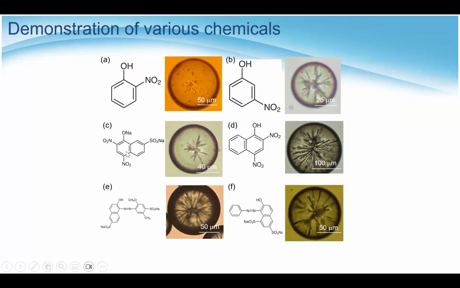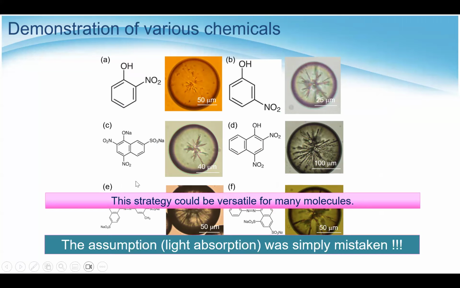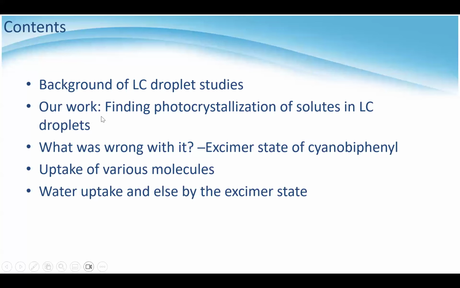And we successfully prepared various kinds of aggregation inside the droplet, so this strategy is quite common for any type of molecule. But we found out that the assumption of light absorption by the solute molecules was simply mistaken. This is what we found.